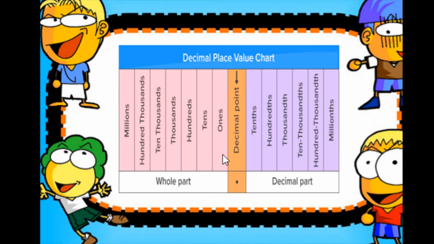Before the decimal point, you have ones, tens, hundreds, thousands, ten-thousands, hundred-thousands, and millions. These are the whole parts, and these are the decimal parts.